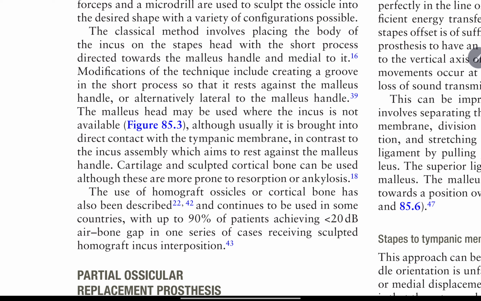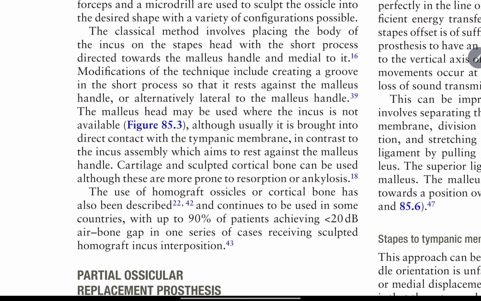The malleus handle may be used where the incus is not available, although usually it is brought into direct contact with the tympanic membrane, in contrast to the incus assembly which aims to rest against the malleus handle. Cartilage and sculpted cortical bone can be used, although these are more prone to resorption or ankylosis.